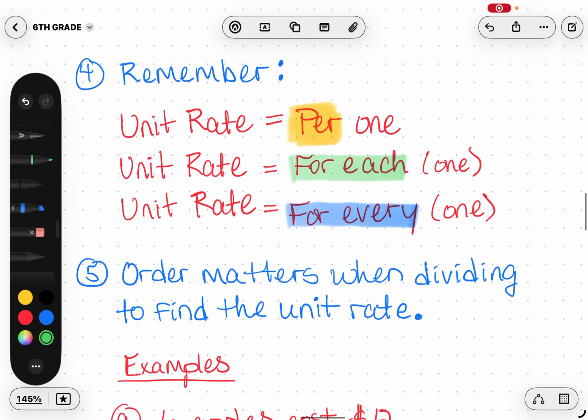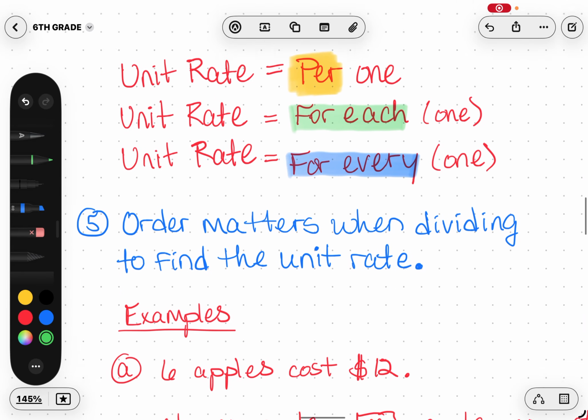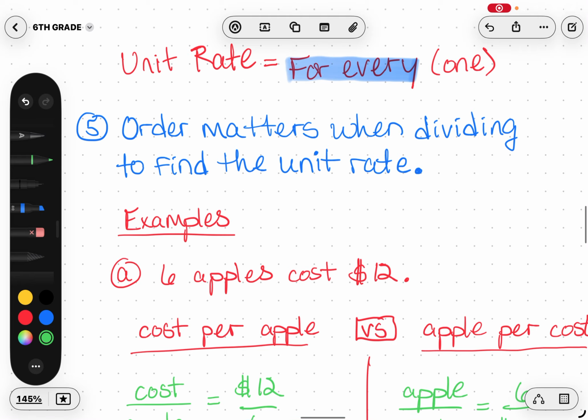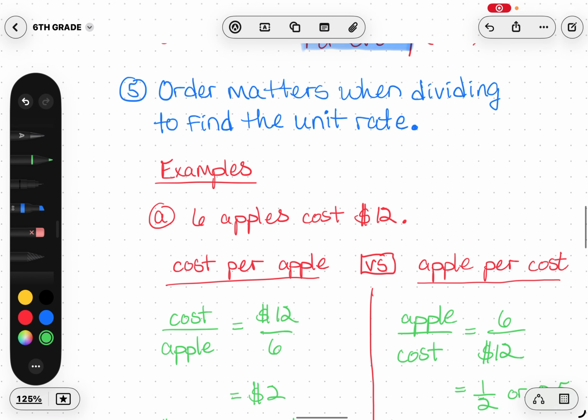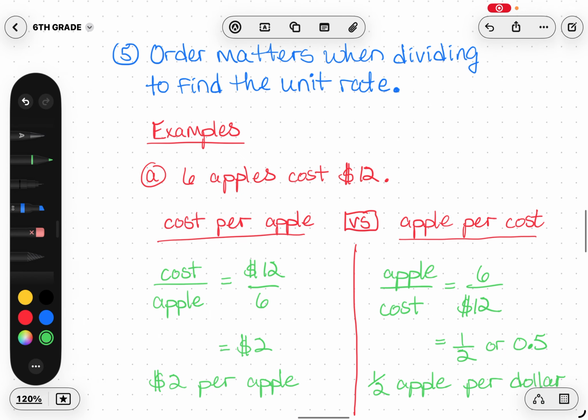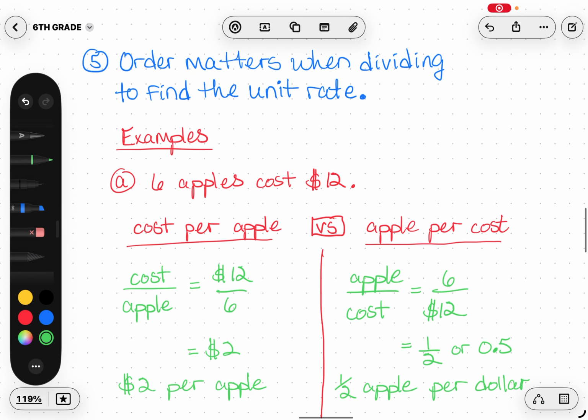Another thing to pay attention to is that order matters when dividing to find the unit rate. Let's take a look at this first example, A: 6 apples cost $12. On the left side, we have cost per apple. On the right side, we have apple per cost. The language tells you the order in which you divide the numbers.